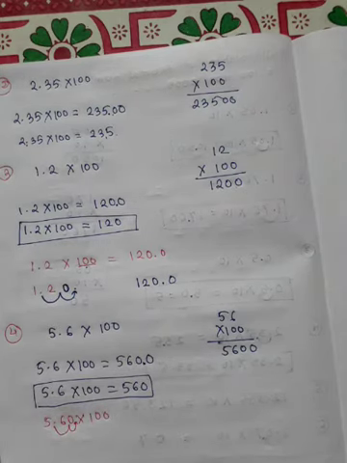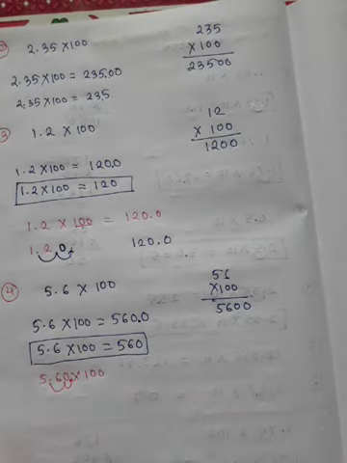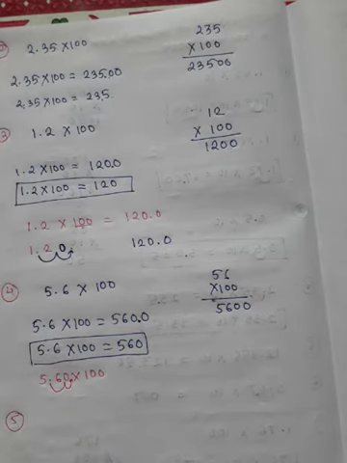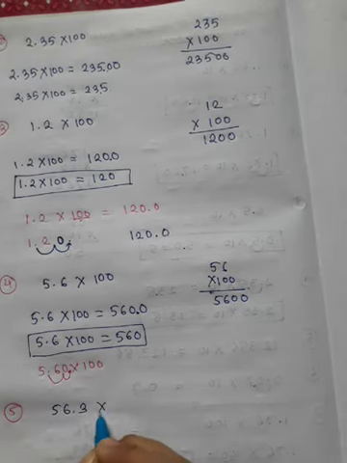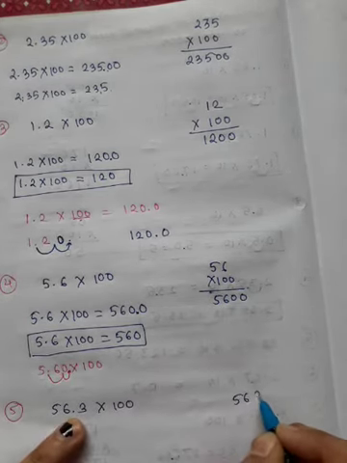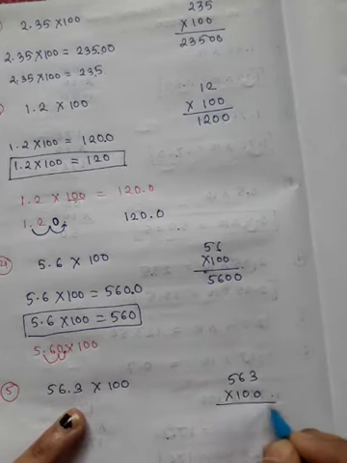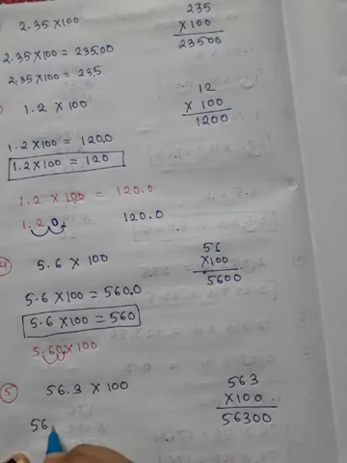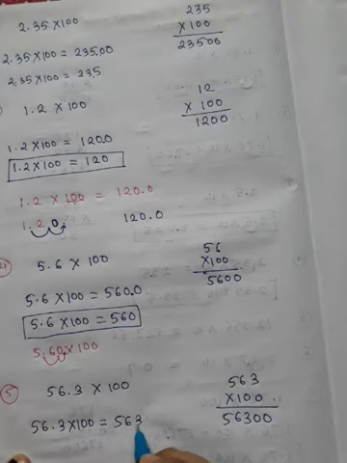Okay, now take one more example. 56.3 into 100. So ignore the point, the number will be 563. Into 100 we will get 56300. Therefore 56.3 into 100 is 56300.